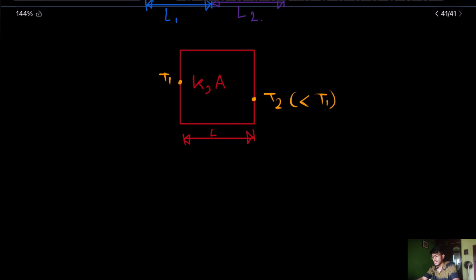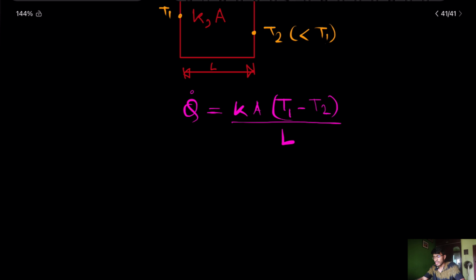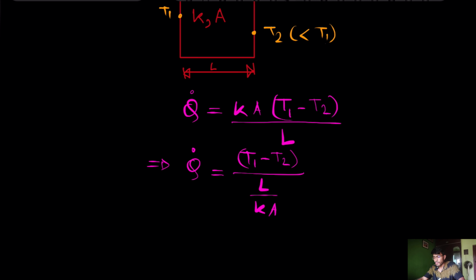We will see that our Q dot is equal to KA times (T1 minus T2) by L, and this we can write as (T1 minus T2) times L by KA.